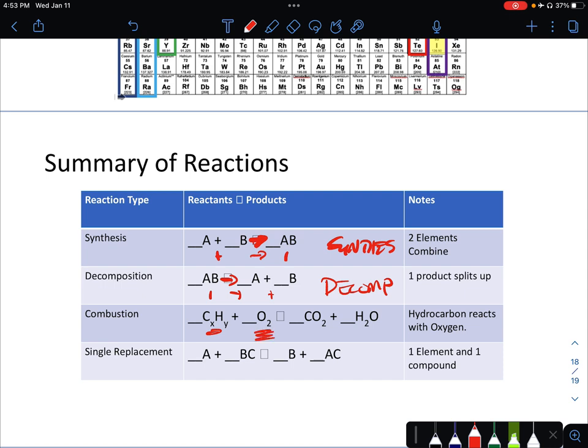Hydrocarbon, oxygen, that's a big one, CO2 with a plus, that's combustion. We got a plus and an arrow, and these aren't CO2 and H2O, that's a single replacement.